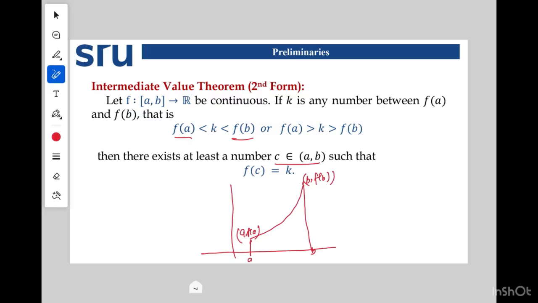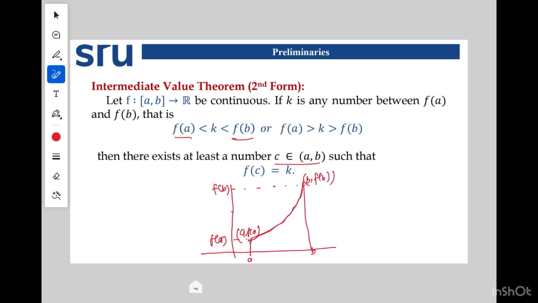Now here f(x) is continuous in the closed interval [a, b], and suppose k is any real number. This point is your f(b), this point is your f(a).